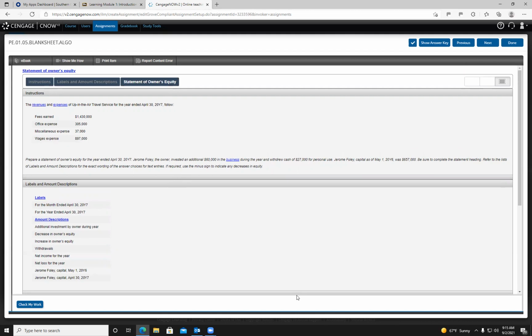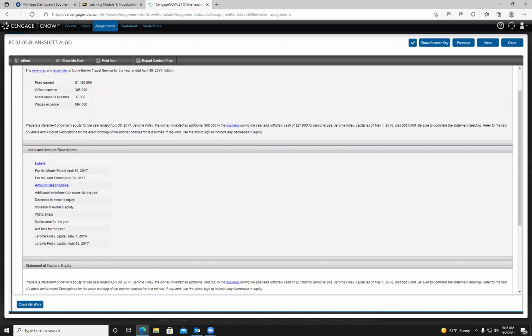And I'm going to use my calculator this time. And then subtracting out all the expenses. All right, so it's showing a net income for the year of 191,000.